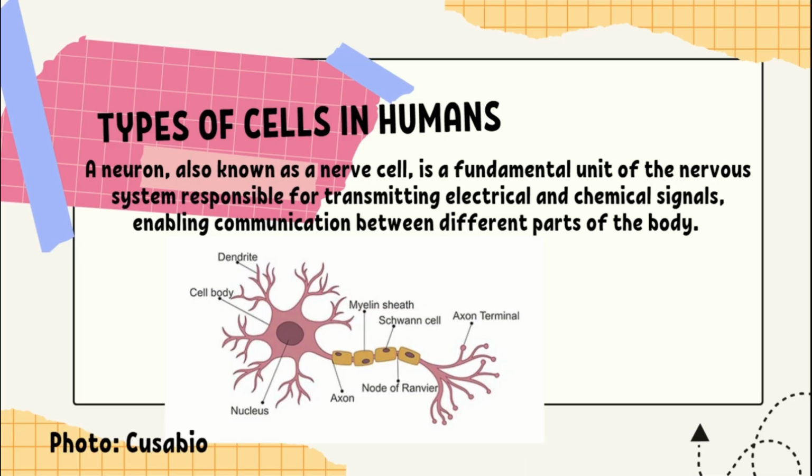Now, the neuron. I feel like this neuron is my favorite cell. I don't know why, but ever since I learned about the nervous system, I just love the nerve cell. I love the neuron.